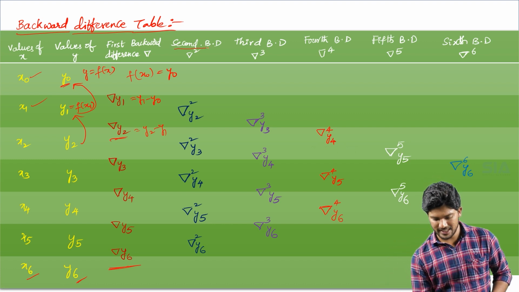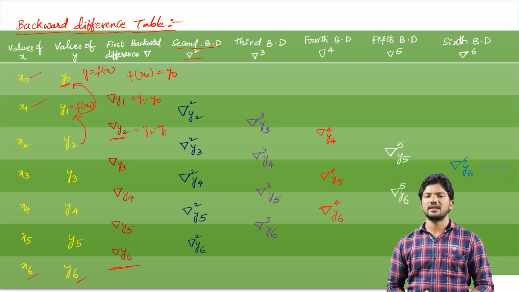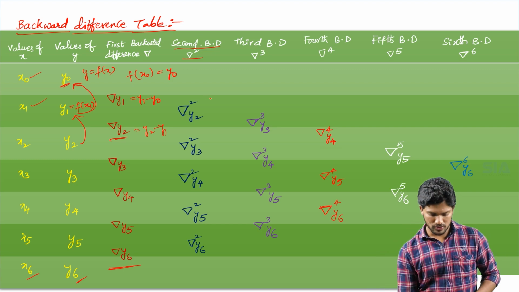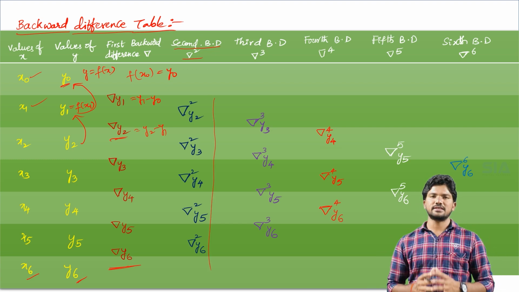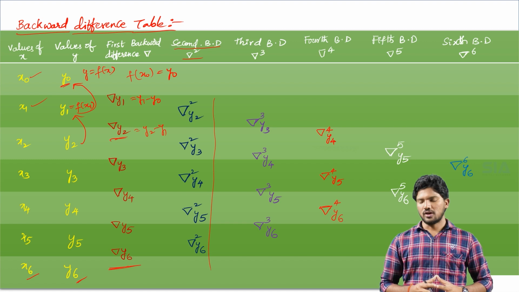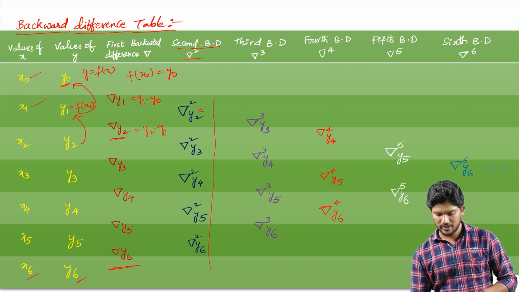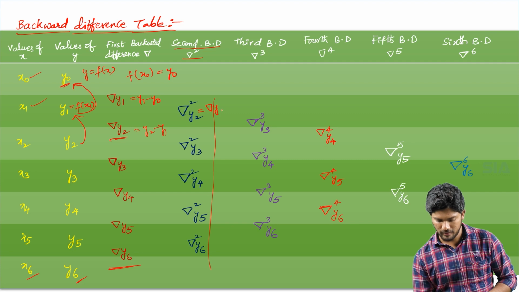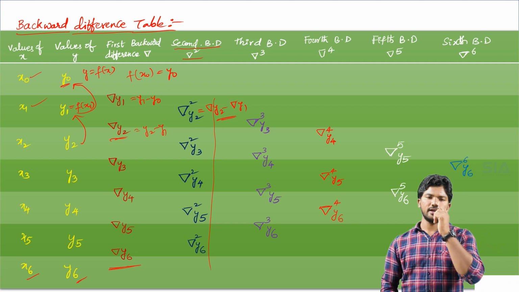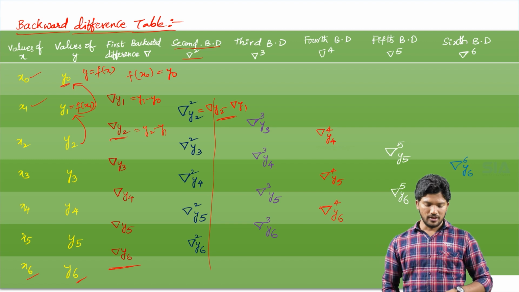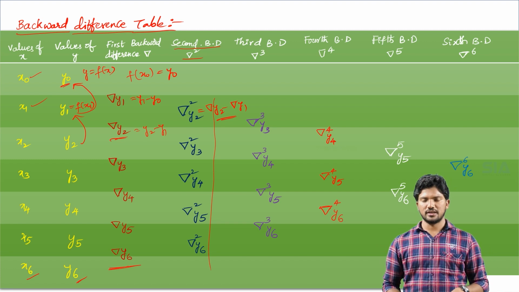Next here you can see the second backward operator del square. This total column deals with the second backward difference operator. Here del square y2 you can write as del y2 minus del y1.